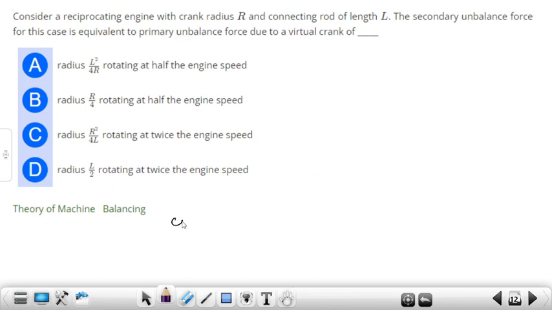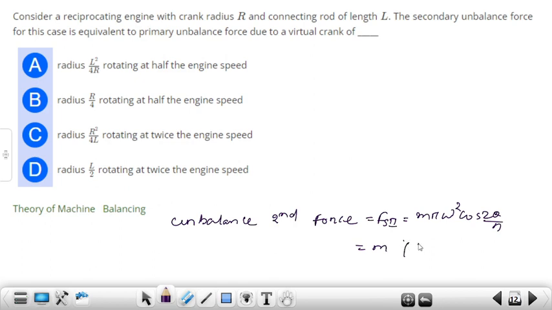So the unbalanced secondary force we know, F S is equal to m R omega square cos 2 theta by n, which is equal to m R by 4n into 2 omega square into cos 2 theta.